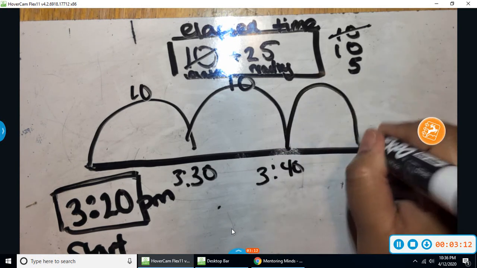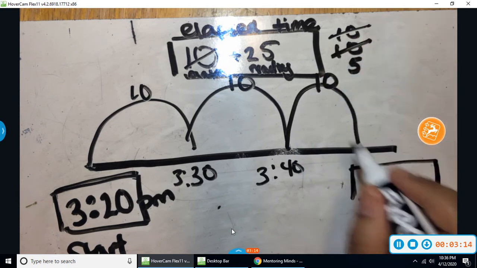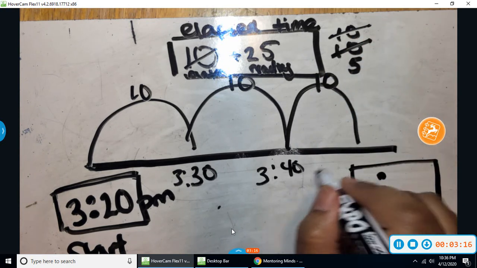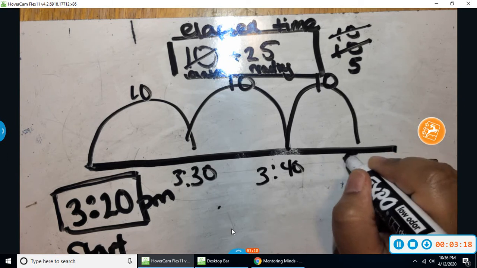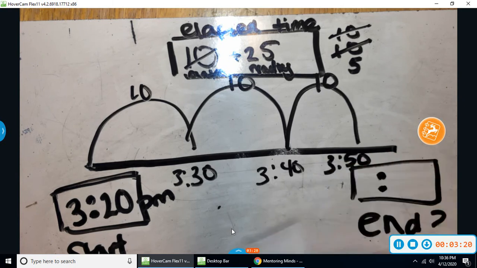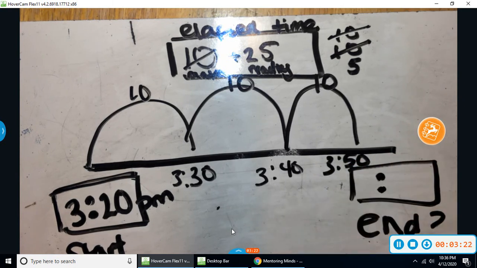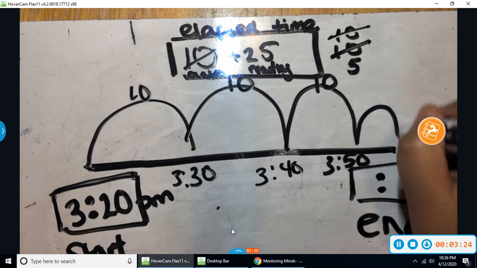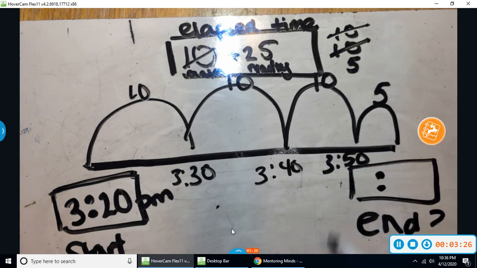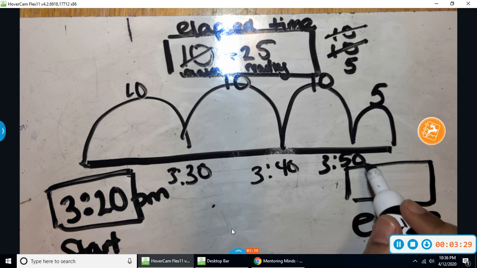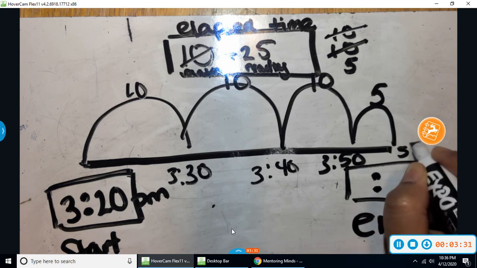I'm going to add another 10. So 40 plus a 10 is 50. So 3:50. And I still have the 5. So 50 plus 5 is 55.